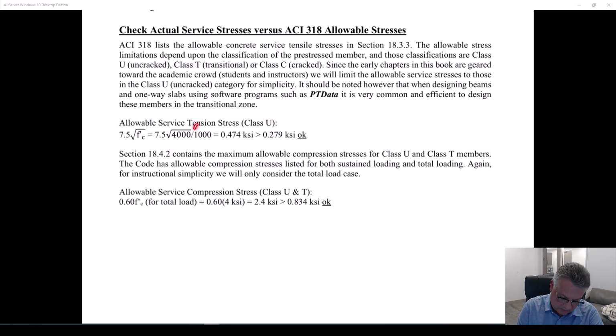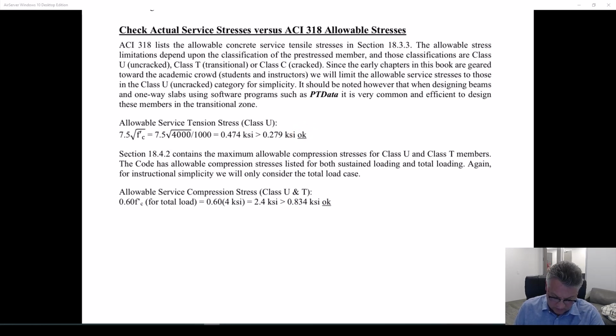To get it to KSI, you divide by 1,000. So in this particular case, the code says I am allowed 0.474 KSI in tension. My example only had 0.279 KSI in tension in span 1 at the bottom. Okay, so we're in the clear.